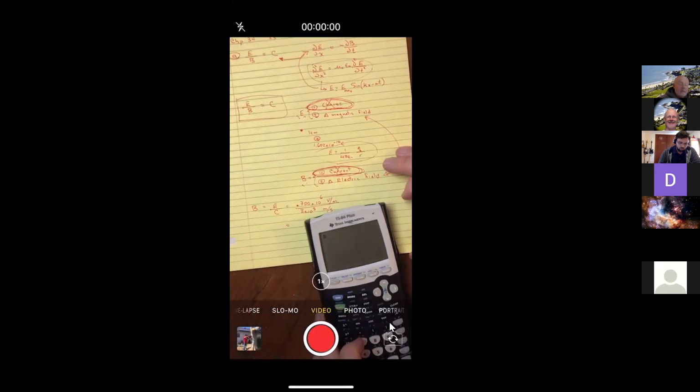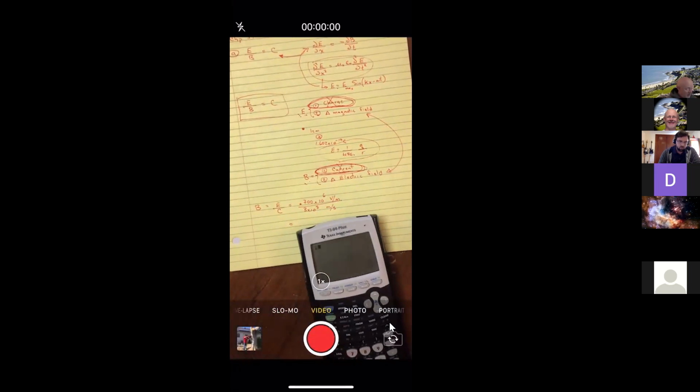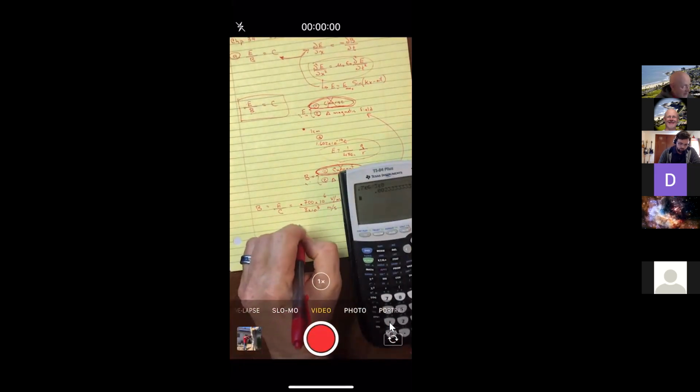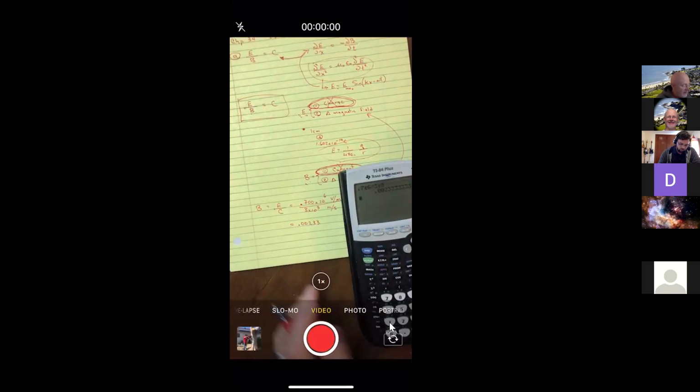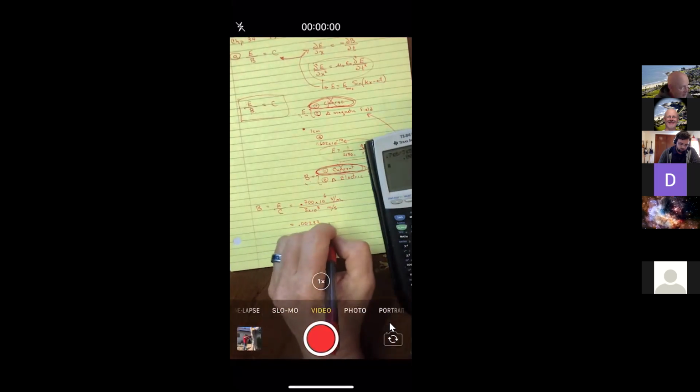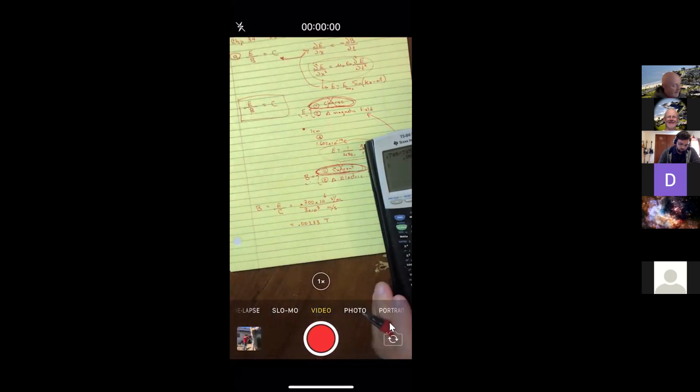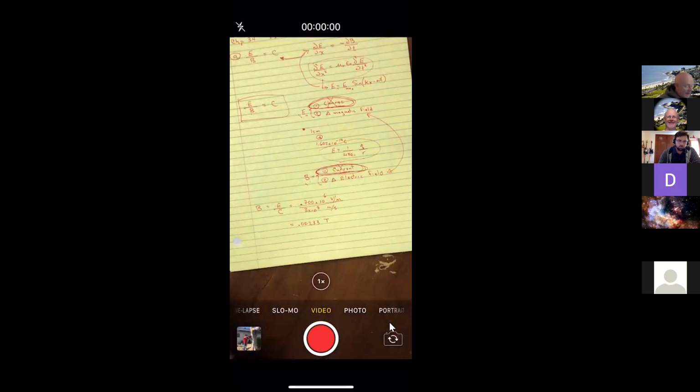Grabbing a calculator, 0.7 times 10 to the 6th divided by 3 times 10 to the 8th comes out to be 0.00233. And this should be teslas for the unit of the magnetic field.